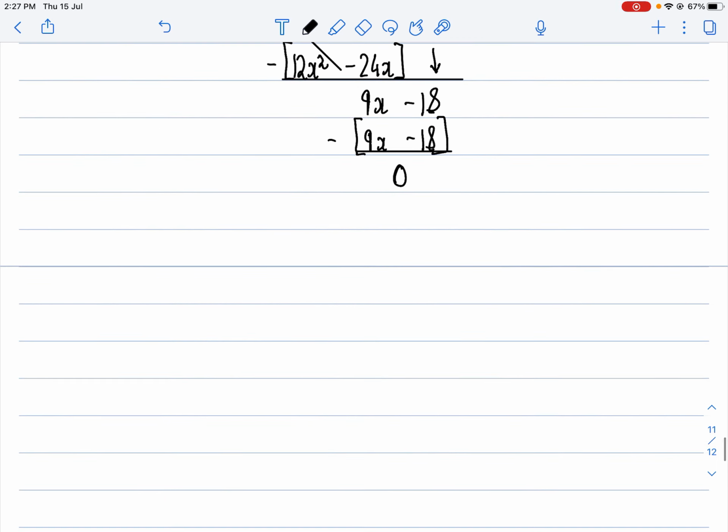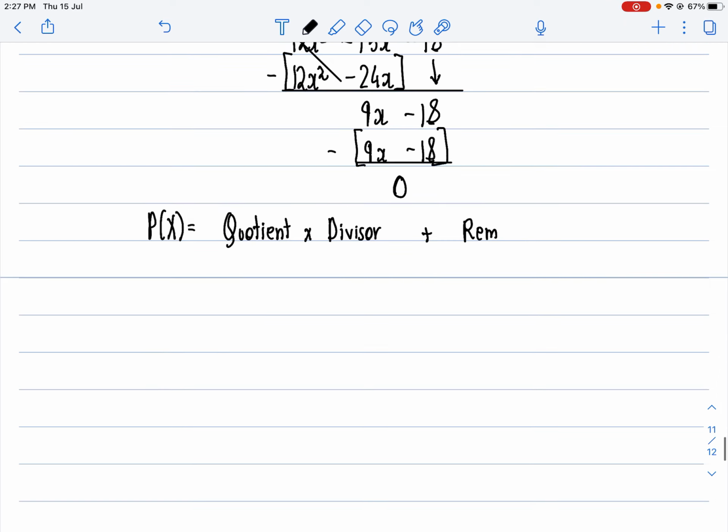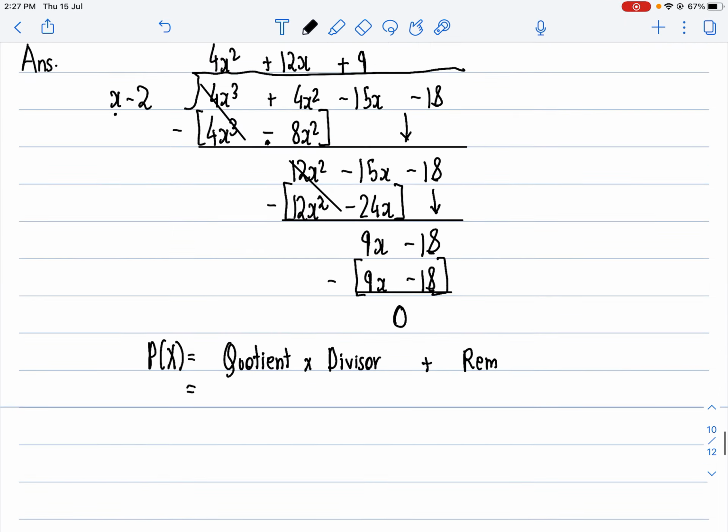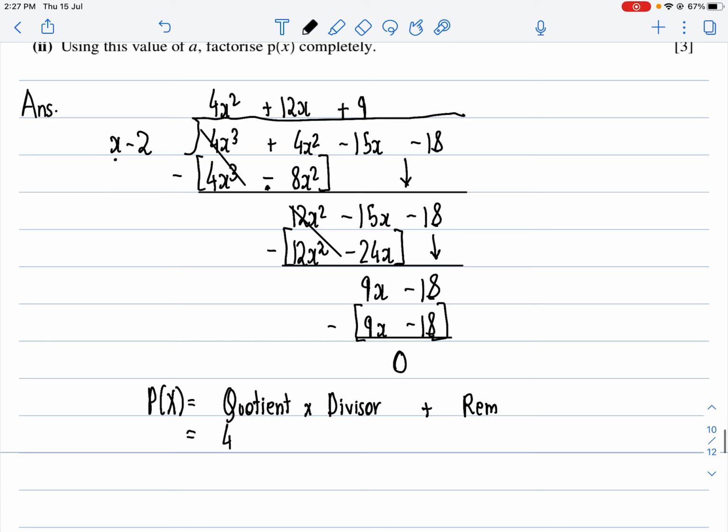Now the formula which you need to know is that p of x can be written as the quotient into the divisor plus the remainder. This is what I can write this as. So the quotient in this case is 4x square plus 12x plus 9, which I simply multiply to x minus 2.